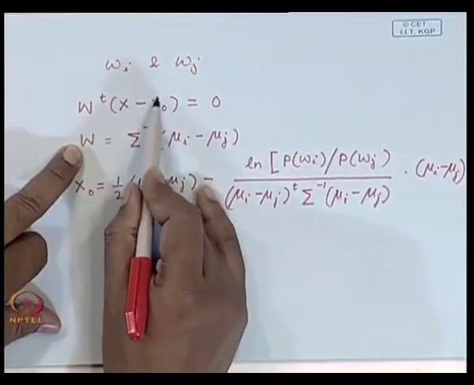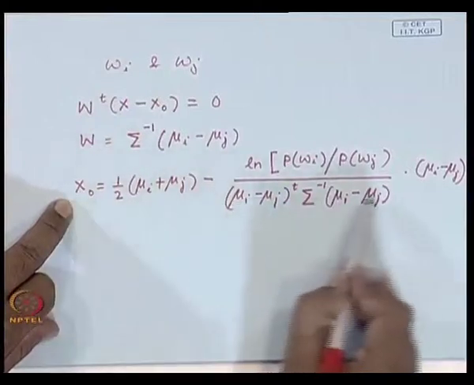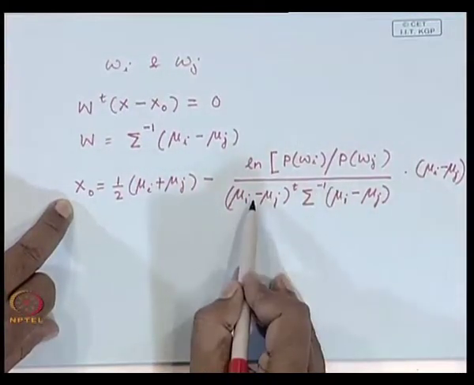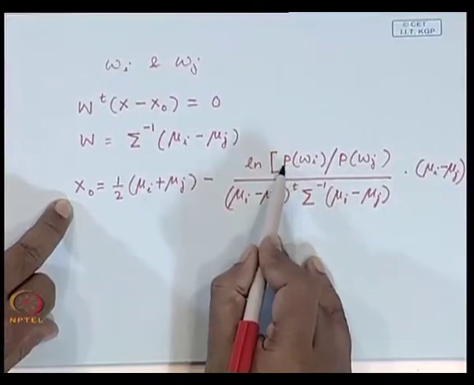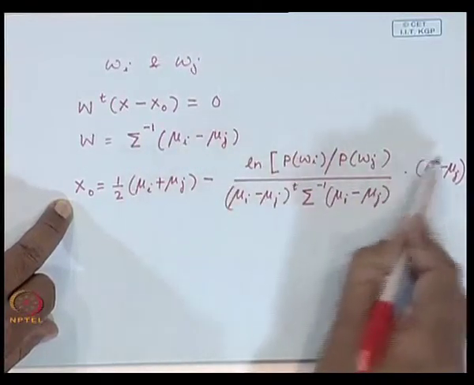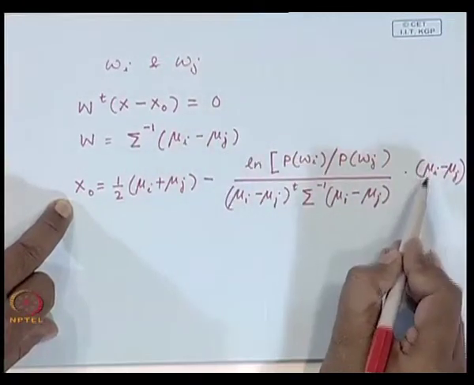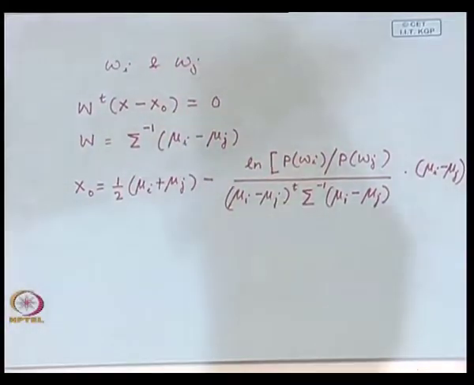But the decision surface passes through the point x_0, where the expression for x_0 is given by this. Here again, if P(ω_i) and P(ω_j) are the same, then this term becomes 0. When this term becomes 0, then x_0 is 1/2 (μ_i + μ_j), that means it is halfway between μ_i and μ_j.